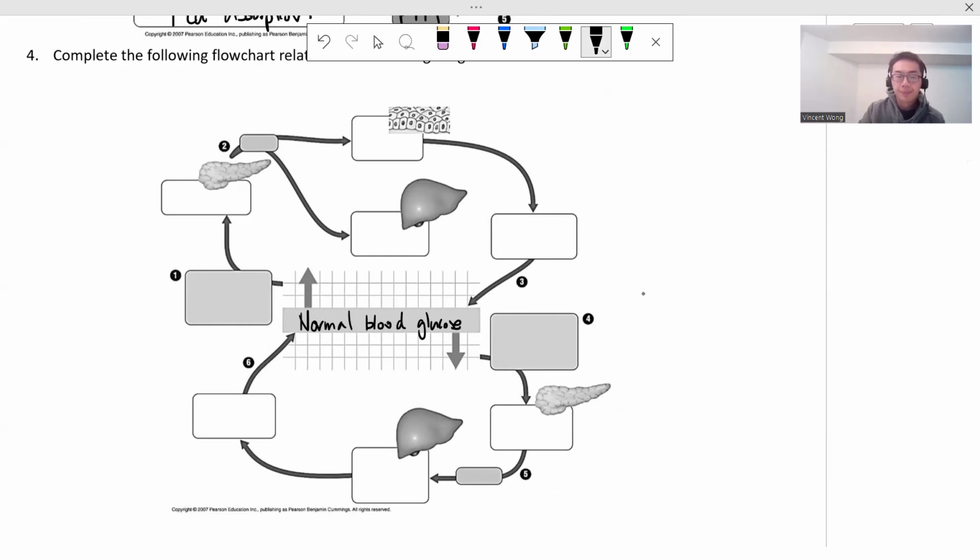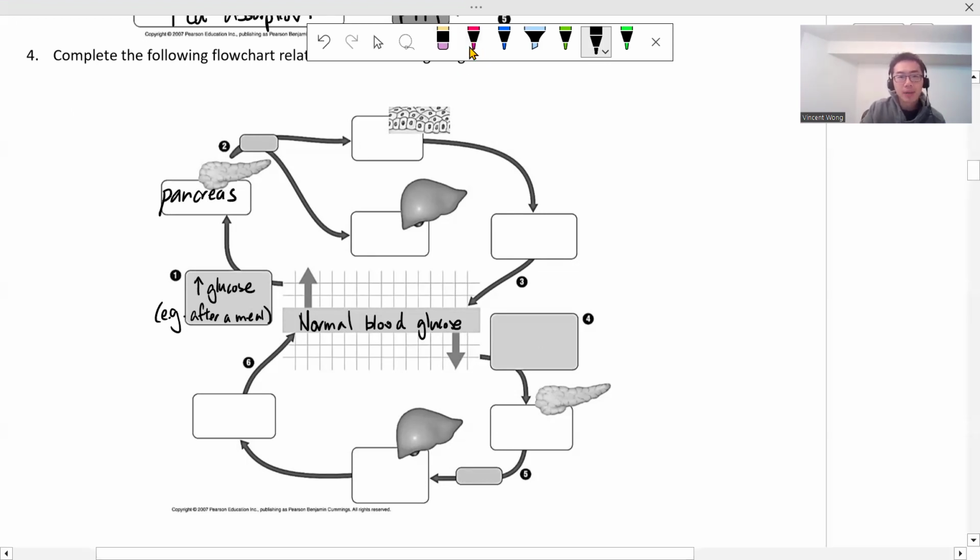So number one, we have increased glucose. Why do we have increased glucose? After a meal. Or you drink something sugary. So your blood glucose level is going to go up. And the gland that's going to be detecting it is the pancreas.